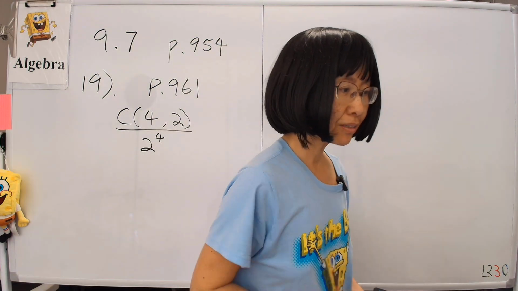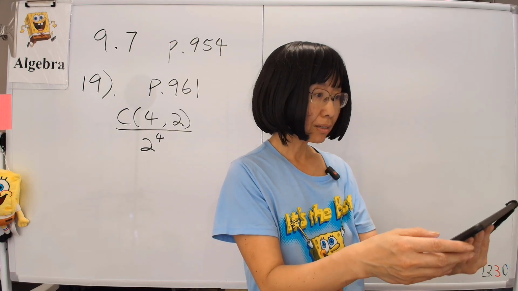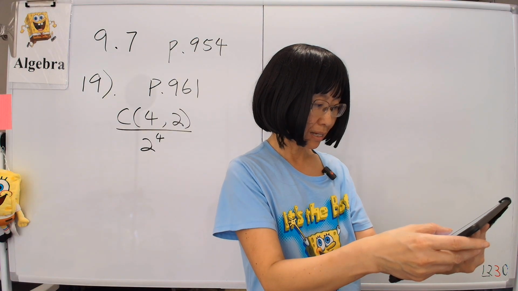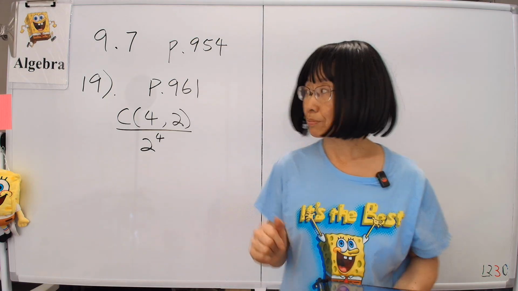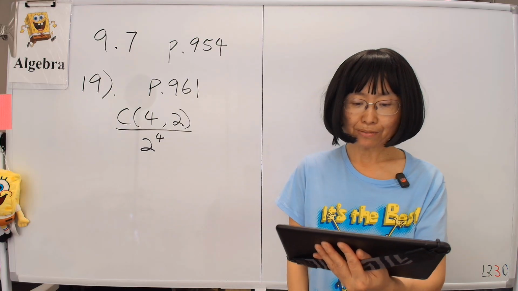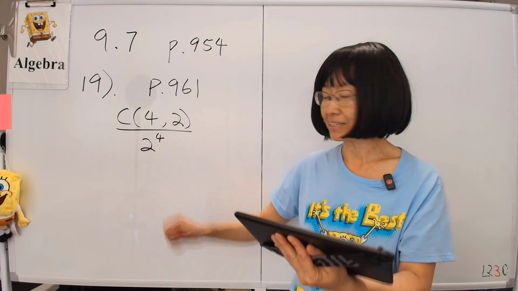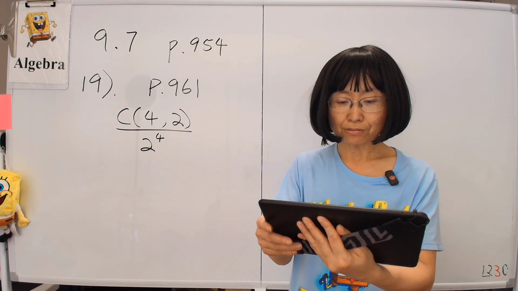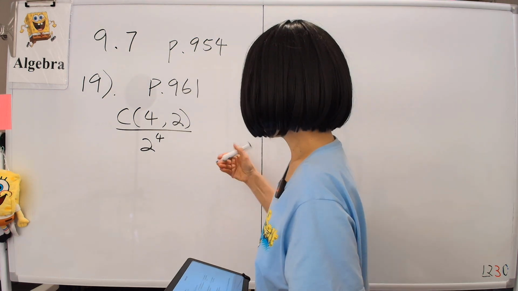The next problem I want to talk about, what is it? Let's see, I lost it. 19. Okay, 25. Yep, that's right. So problem 25, now we are going to find the probability of tossing 2 heads, which we already did just now, and also 3 heads. So then for 3 heads, we just add the number here.